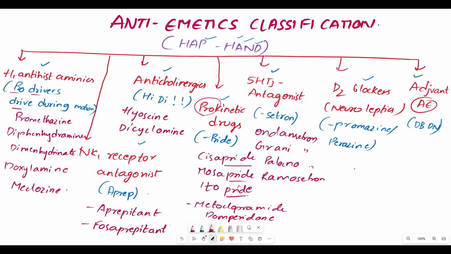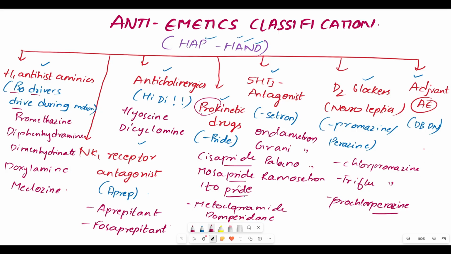Coming to the D2 blockers, the examples are chlorpromazine, triflupromazine, prochlorperazine. So any drug, if it is ending with the term perazine or promazine, that comes under the D2 blockers.